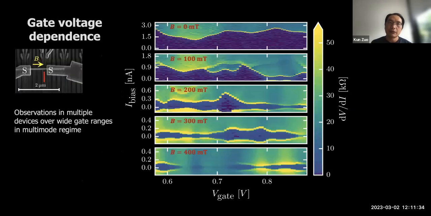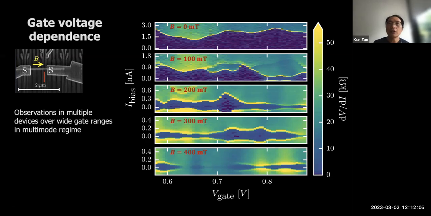Not only in the magnetic field, we also investigated the gate dependence of the supercurrent at different magnetic fields. As we can see, the supercurrent is indeed very sensitive to the gate voltage. If you take a line cut at a different gate voltage, you will get very different supercurrent behavior as a function of magnetic field.